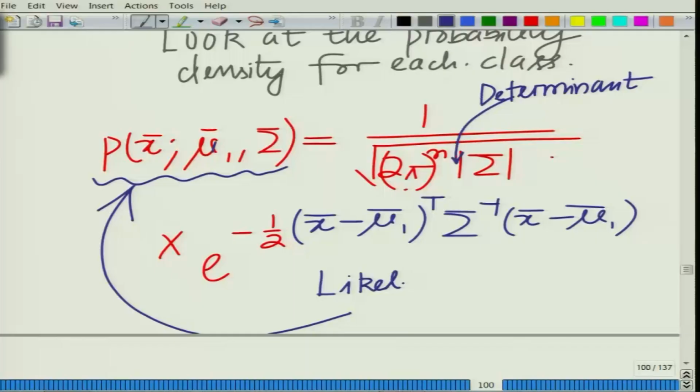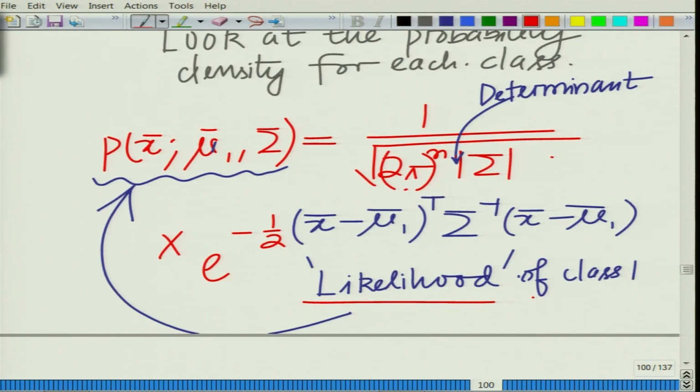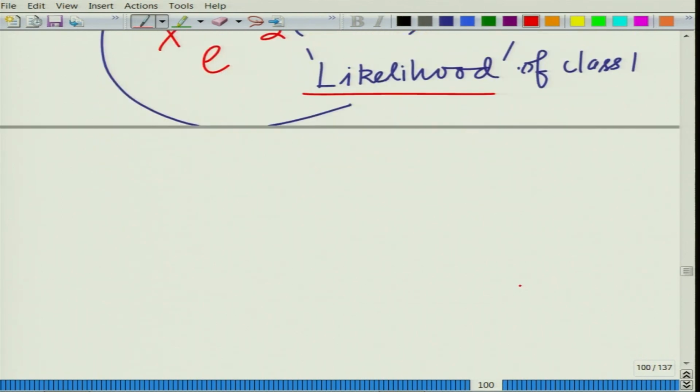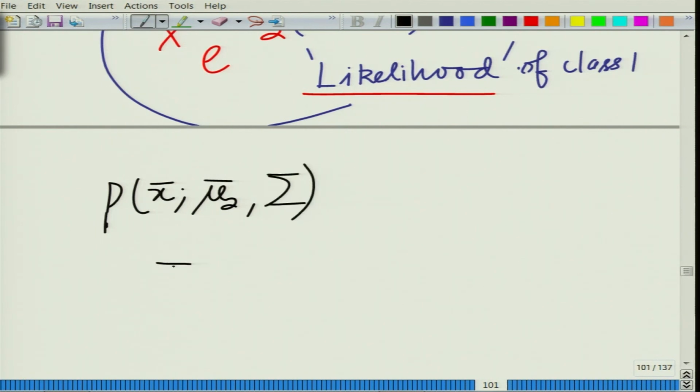This is what is known as the likelihood of class 1. This is an interesting terminology. The likelihood of class 1 is nothing but the probability density function evaluated at the point x bar corresponding to that particular class. Now, let us look at the likelihood of class 2, which is nothing but P of x bar given mu2 bar, sigma.